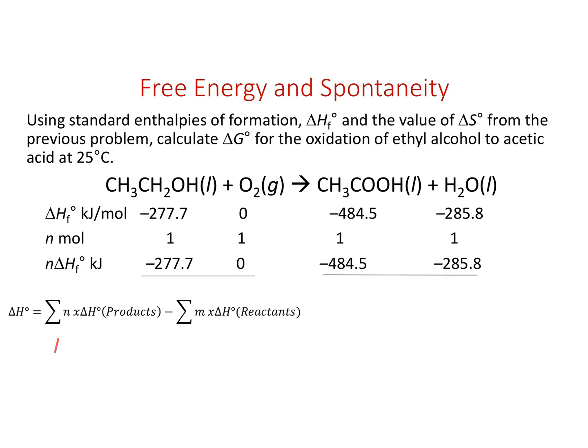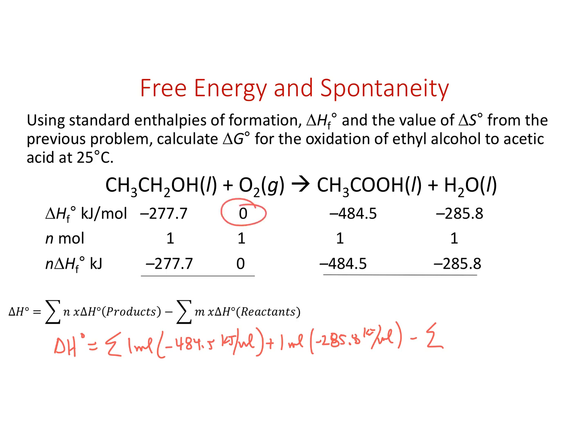So to set up this calculation, my change in enthalpy for this reaction will equal the summation of the enthalpy of my products. So I have 1 mole of acetic acid at negative 484.5 kJ per mole, plus the enthalpy from my water. I've got 1 mole of water that comes in at negative 285.8 kJ per mole, minus the summation of the enthalpy of my reactants.